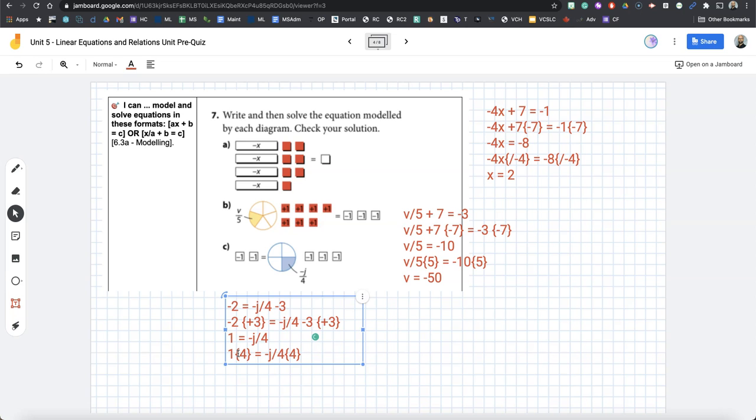So we've got 4 equals negative j. And a way to express that would be j equals negative 4. Now, if you got this far, 4 equals negative j, I would probably accept that. It's good to state the variable in the equation as a positive, if possible. So j equals negative 4.